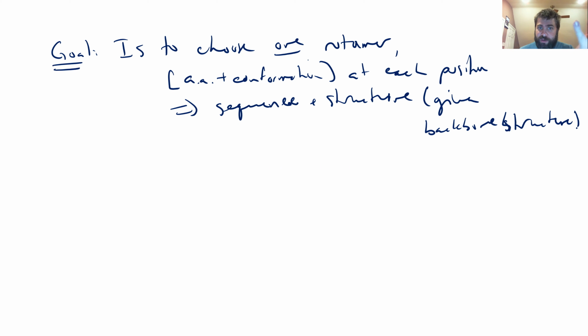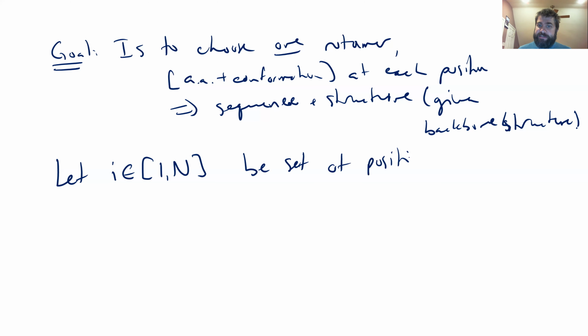And of course, the specific rotamer we want to choose at each position is the one that in combination with all others will give us the best overall energy for that backbone structure. So let's first of all define I, which will range from 1 to n, be the set of positions in the sequence.